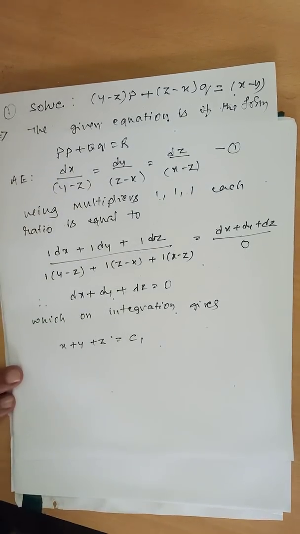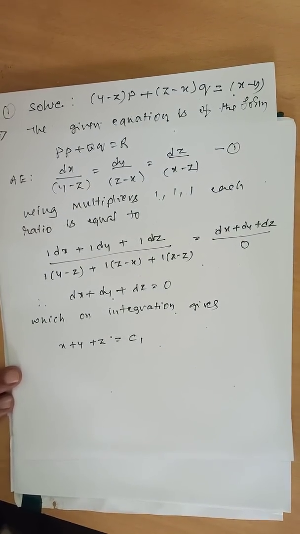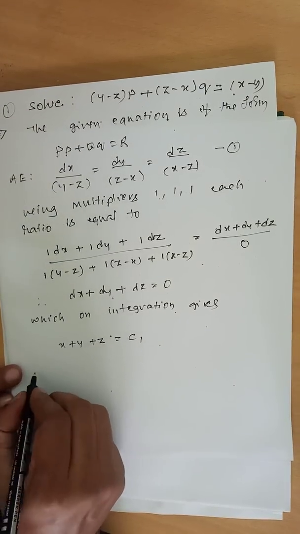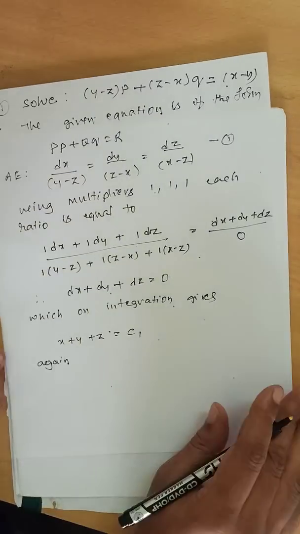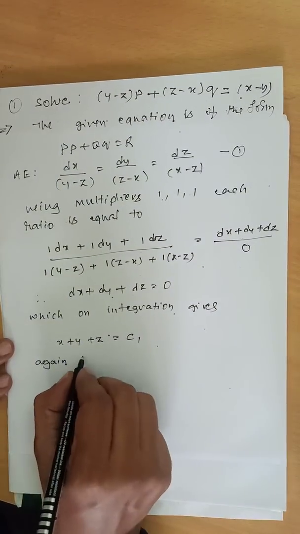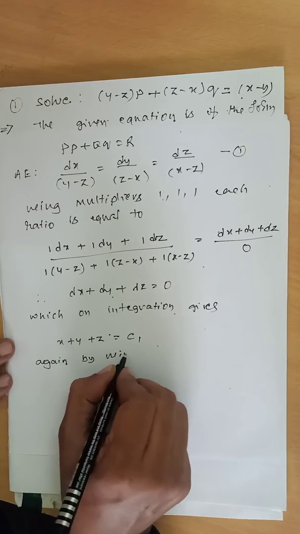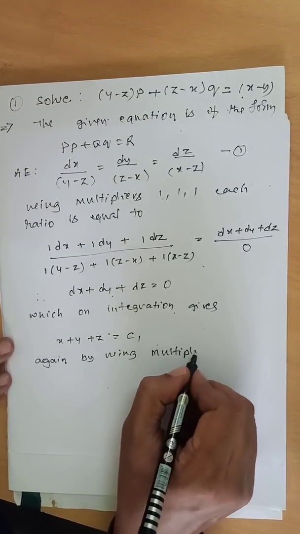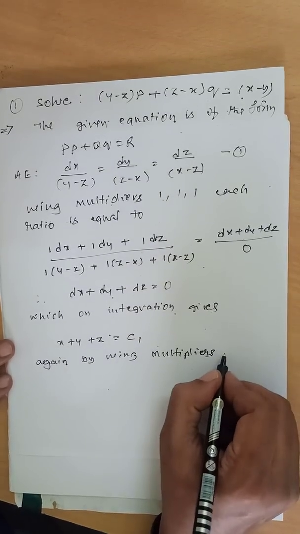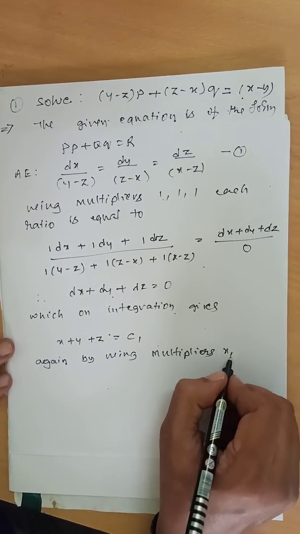I already told, every problem we choose multipliers twice. So using again multipliers, I can choose second time x y z.